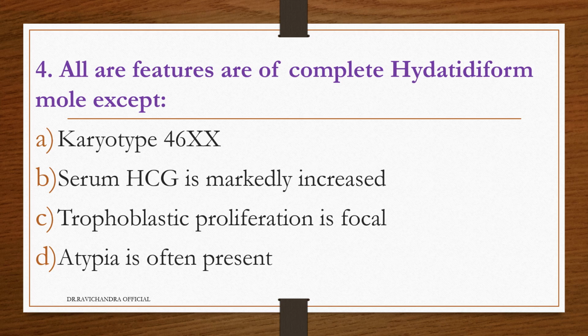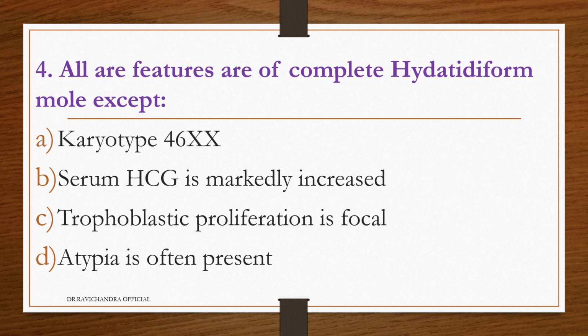In a complete hydatidiform mole, trophoblastic proliferation will be typically diffuse and circumferential, not focal. The other options are characteristic features of a complete hydatidiform mole. Karyotype 46XX: complete moles usually have a 46XX karyotype resulting from the fertilization of an empty ovum by a single sperm that will duplicate its DNA.